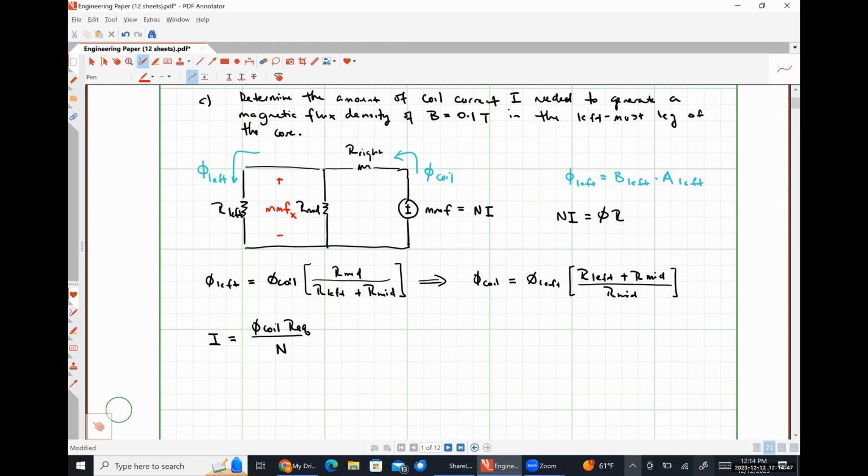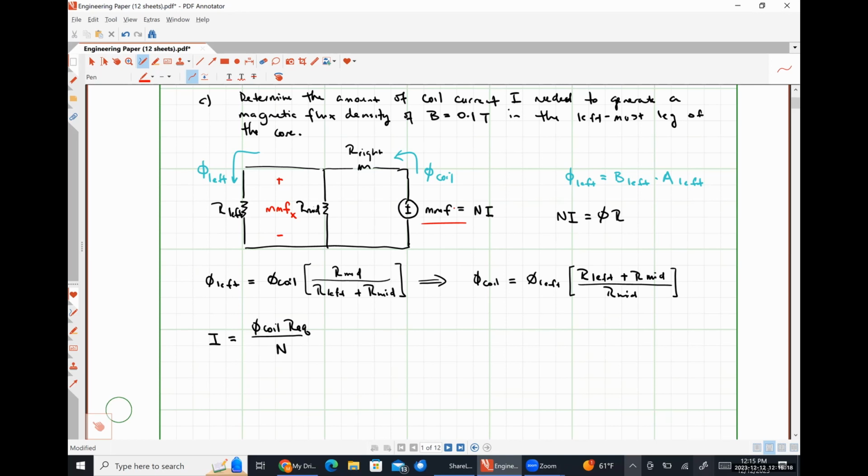The flux phi left times the reluctance R left will give us the MMF drop across that parallel combination. And then you could use voltage division backwards to also find the MMF of the source and then divide that MMF by N to give you the coil current. That's a different way to do it. Roughly the same number of steps. It's just a slightly different way to think about things.